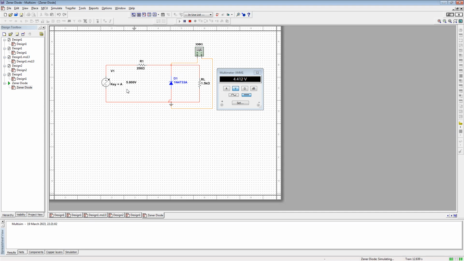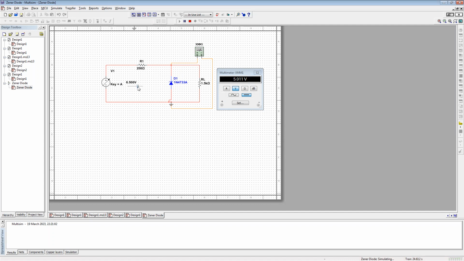It's 5 volts on the input, and the voltage across this one is 4.4. Then if we go above the Zener voltage, which is designed to regulate around 5.1 volts, say 6 volts, now it's 5.01.